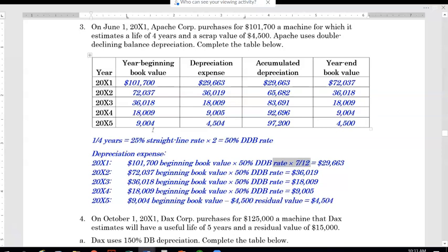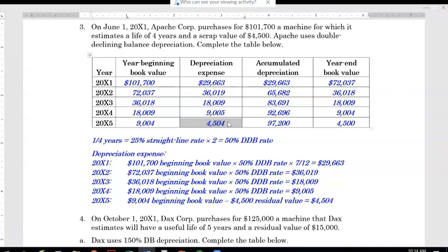In year 5, our book value is 9,400, but we want to stop at 4,500. So 9,400 minus 4,500 gives us only a permit to depreciate $4,900. No matter what the math says, there is no multiplying by 50% or anything.